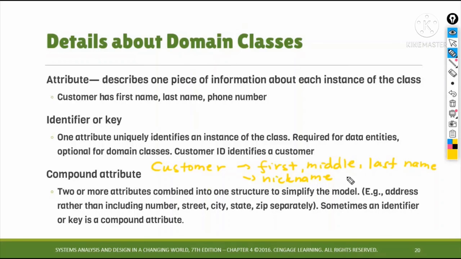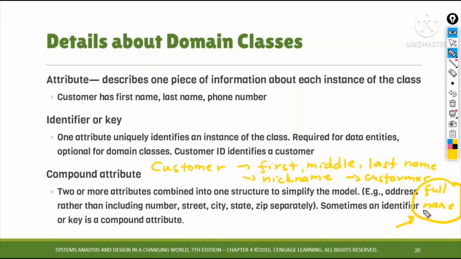So perhaps naming it customer full name. So instead of identifying each attribute, such as first name, middle name, last name, the analyst can give a term for that, since this is a compound attribute, into one attribute, such as full name of the customer.